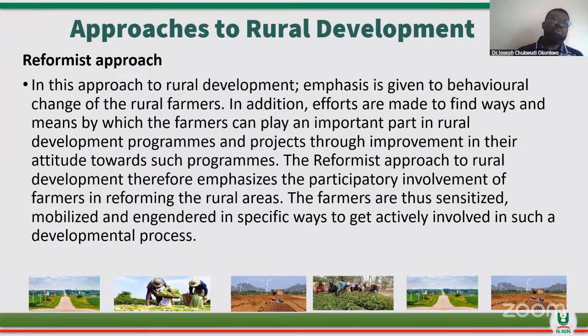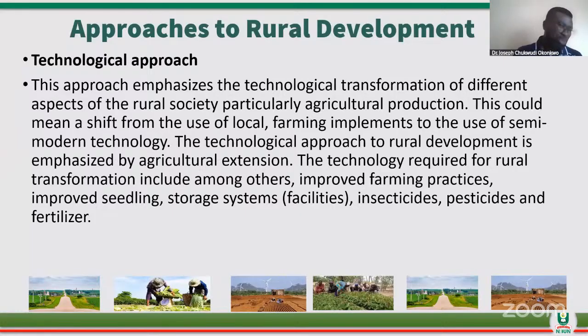Now, the second approach to rural development is the technological approach. This approach emphasizes technological transformation of different aspects of the rural society, particularly agricultural production. Of course, if the farmers that are agrarian, if the rural dwellers that dwell in the rural areas that are agrarian have their agricultural production improved technologically, it will change the output they produce, and of course, it will transform how rural areas are.